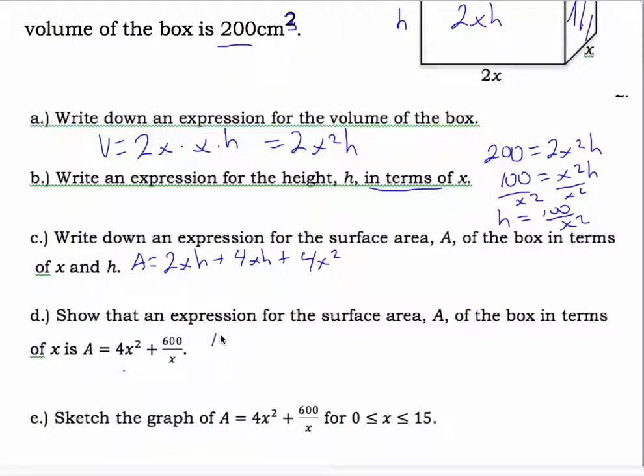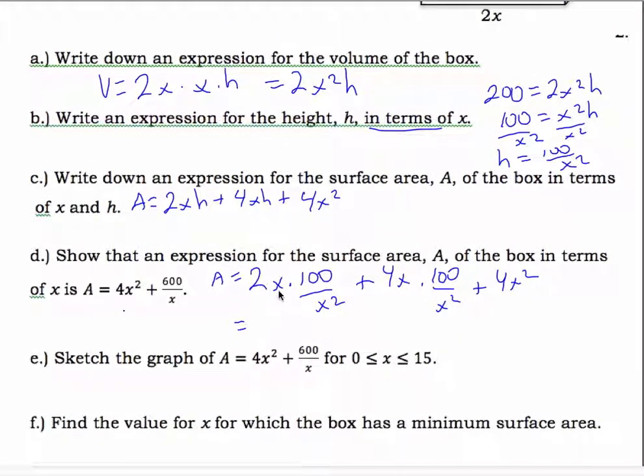So we can take our expression from here and just substitute in our value of h. h is 100 out of x squared, so we have 2x times 100 out of x squared plus 4x times 100 out of x squared plus 4x squared.